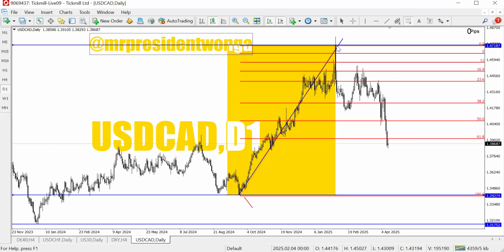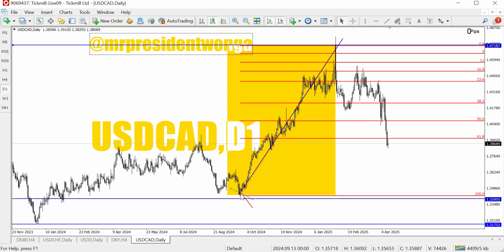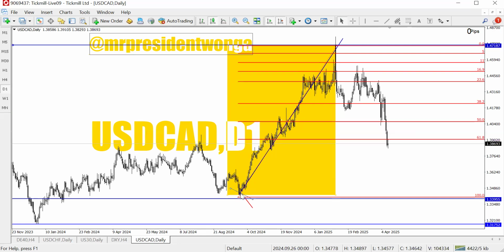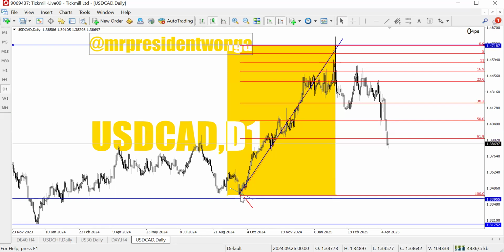So I'm marking from these lows, from this low. This is a low that I use.